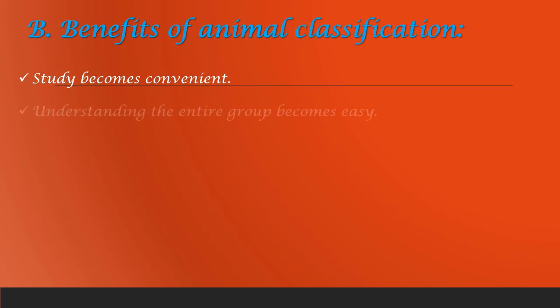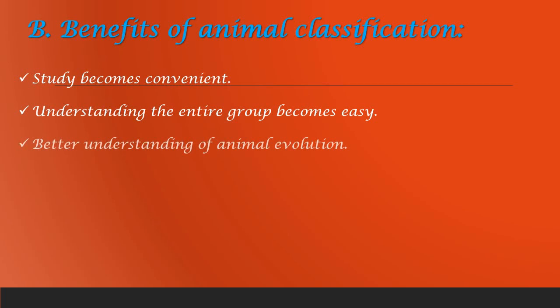Now students, what are the benefits of animal classification? By placing the animals in proper classified groups, their study becomes convenient. By studying a few animals from each group, understanding the entire group becomes easy. Animal classification leads to better understanding of animal evolution.